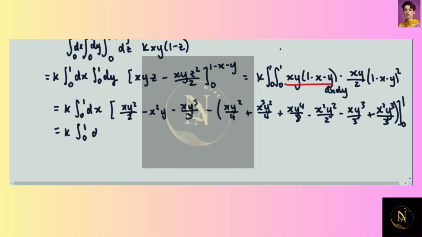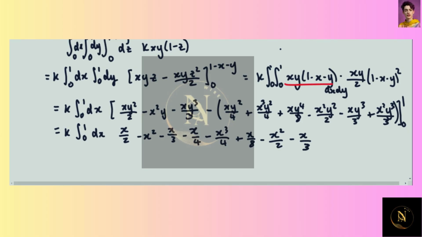And so we get an integral over x being x over 2 minus x squared minus x over 3 minus x over 4 minus x cubed over 4 plus x over 8 minus x squared over 2 minus x.